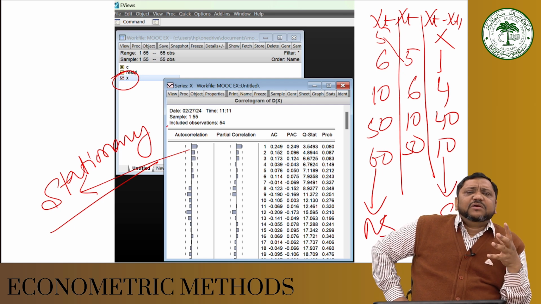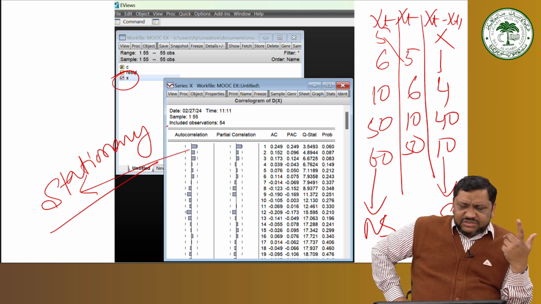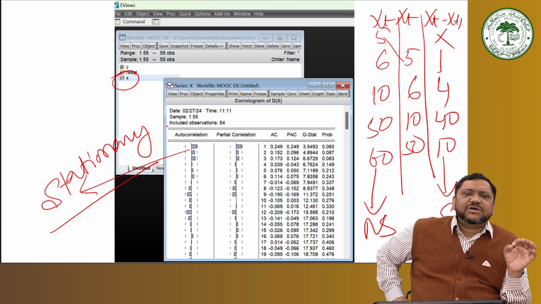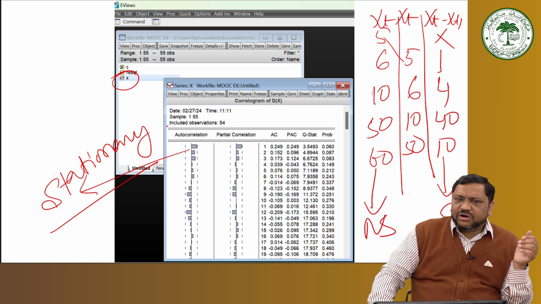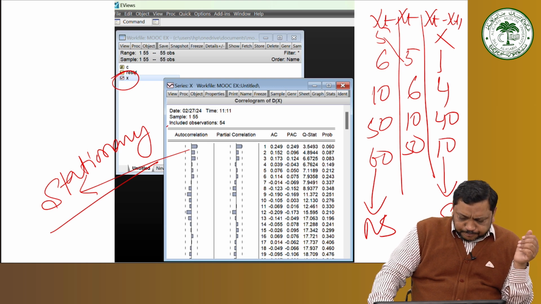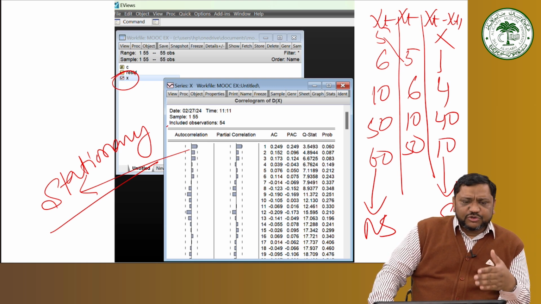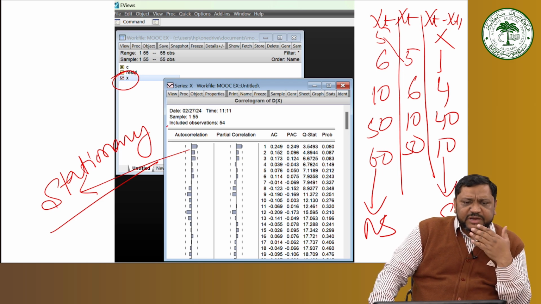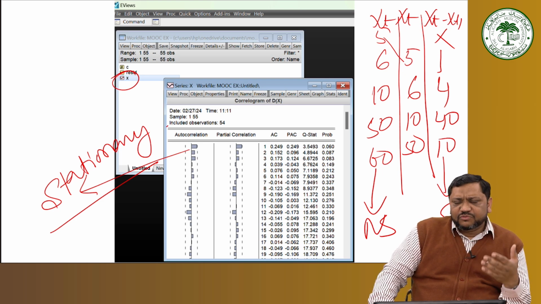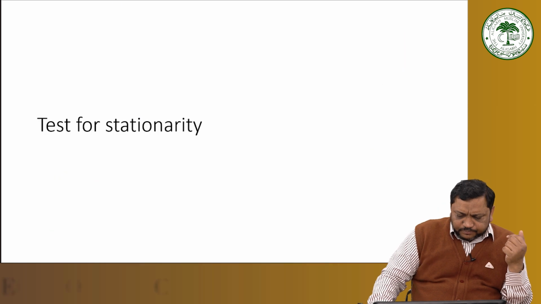But normally nowadays researchers simply go to the test, and from the test they get a clear-cut answer whether this data is stationary or not. But nevertheless, you will find these diagrams of correlogram in textbooks in order to explain the concept of stationarity.